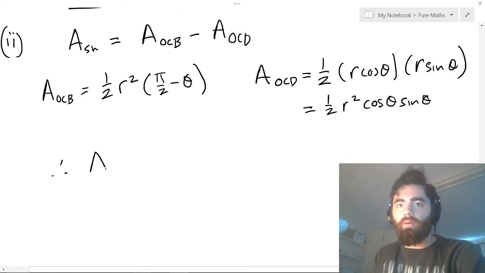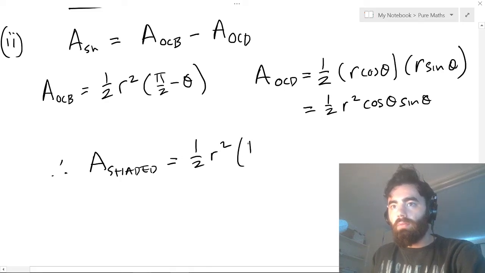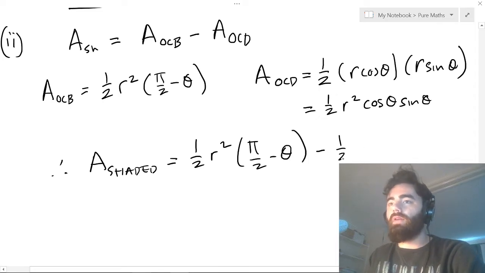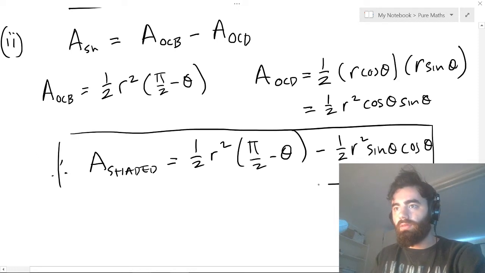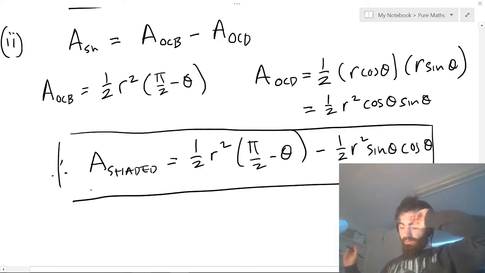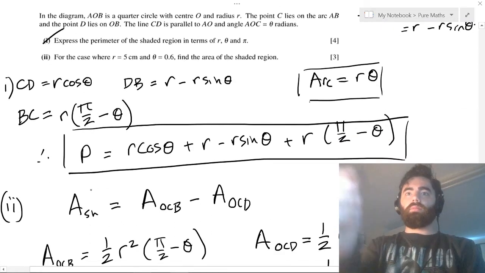So therefore the area of the shaded region equals this minus this: half r squared times pi over 2 minus theta, minus a half r squared sine theta cos theta. That's your answer there.